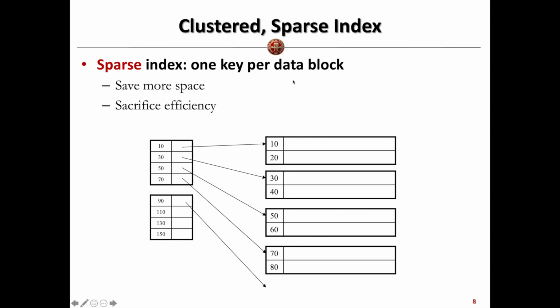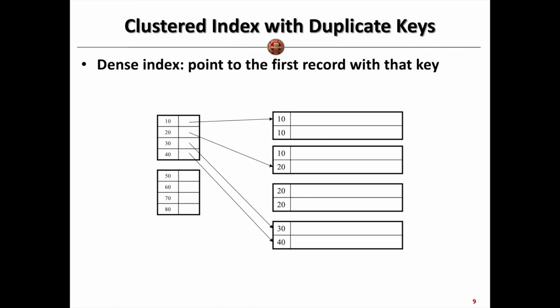It's clustered and sparse. And for index tables, actually we can have some records with the same search key attributes. Because we mentioned that the search key is not necessarily the primary key. It can be any attribute in a relation, right? In other words, tuples in our table may have the same value for search keys. In this case, how can we build an index table to help us? We'll still build a dense index table, right?